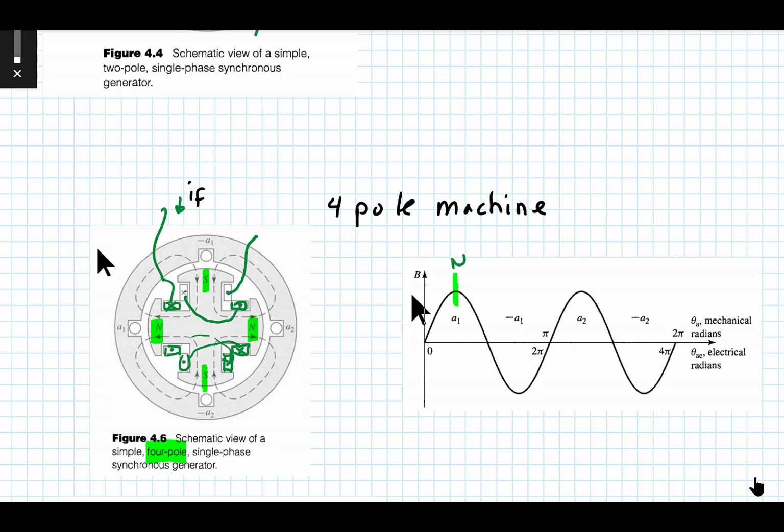And again, it's shaped to be as close to sinusoidal as possible. There's a south, a north, and a south. And that is your 4-pole machine.